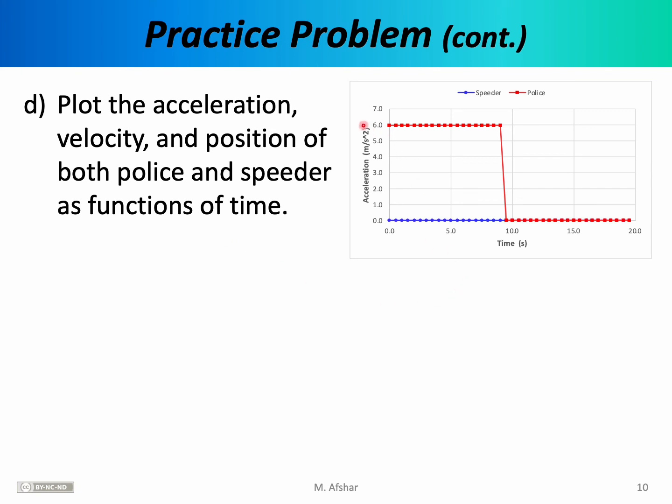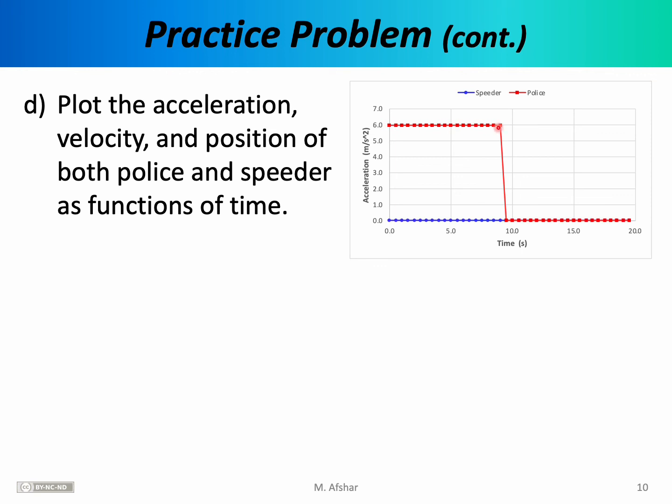Here are graphs of acceleration versus time for the speeder in blue and the police in red. As you can see, the acceleration of the speeder is basically 0 the entire time, from 0 seconds well up until 20 seconds. For the police motorcycle in red, the situation is a little bit different. The police motorcycle initially revs up its engine and accelerates at 6 meters per second squared. So this is when the police motorcycle is speeding up.